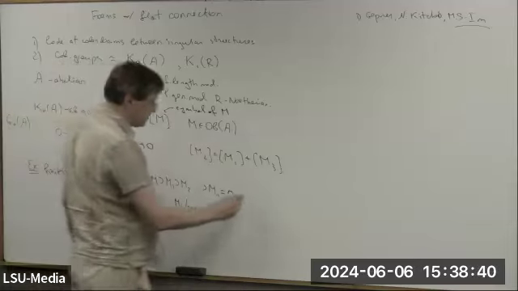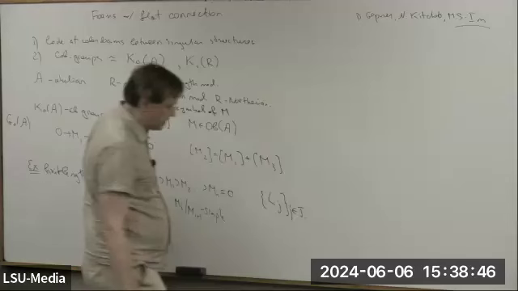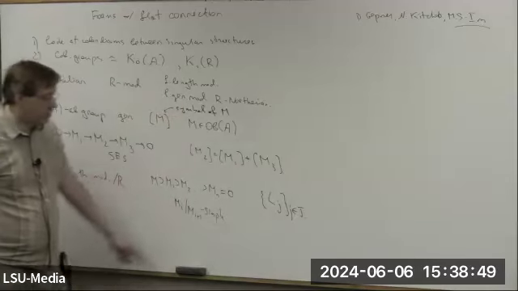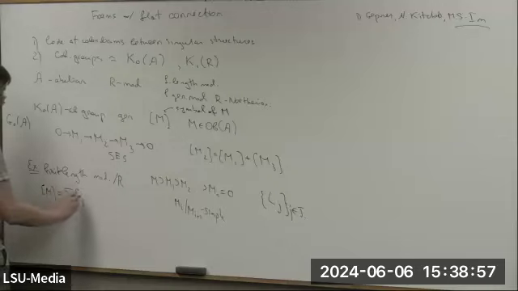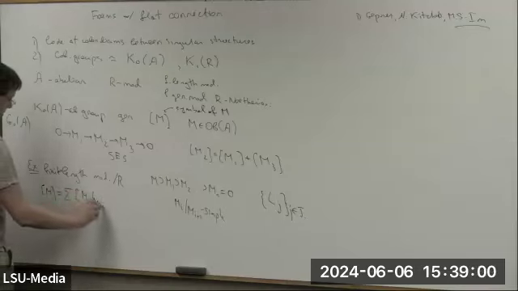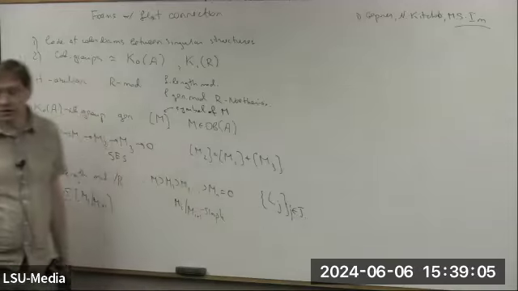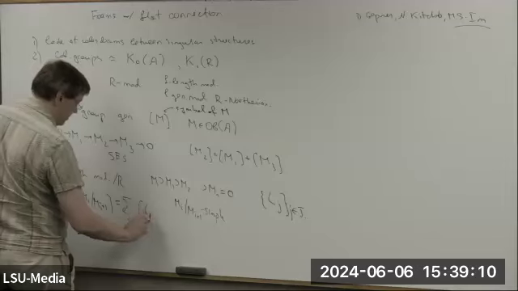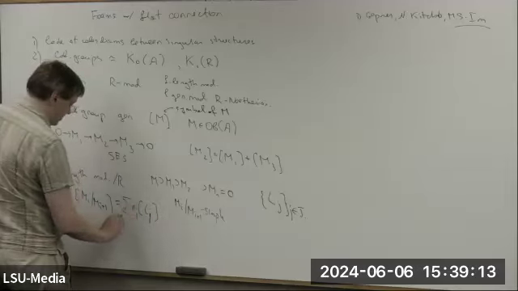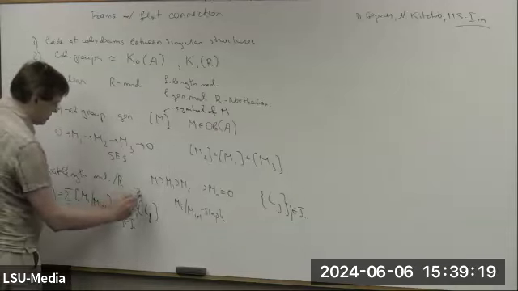Denote the set of simple modules over R by L sub j, j in some index set J, so that every simple module is isomorphic to a unique module on this list. Then the symbol of M is the sum of the symbols of Mi over Mi plus 1. Each of these is isomorphic to exactly one of the Lj's. So this becomes a finite sum over symbols of Lj's with some multiplicity n_j, where n_j is in Z plus.